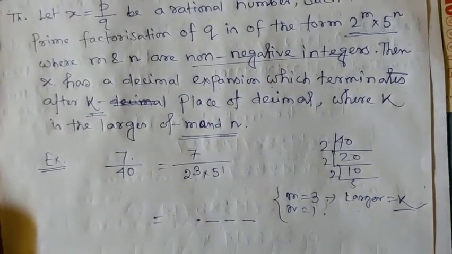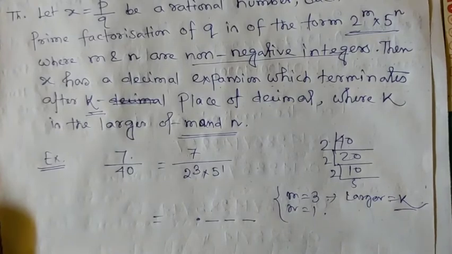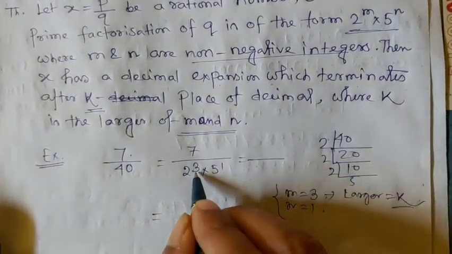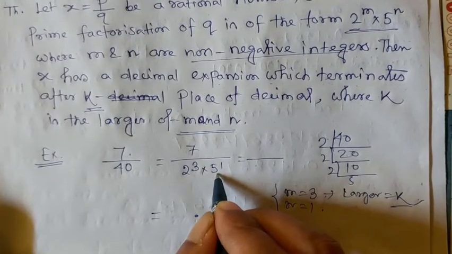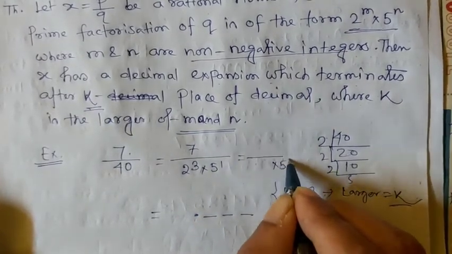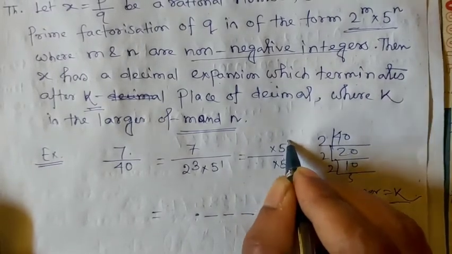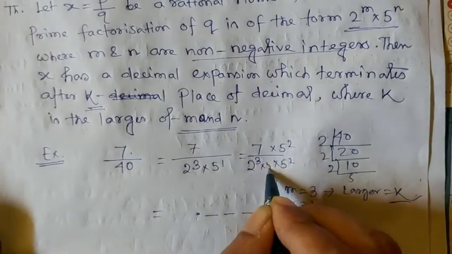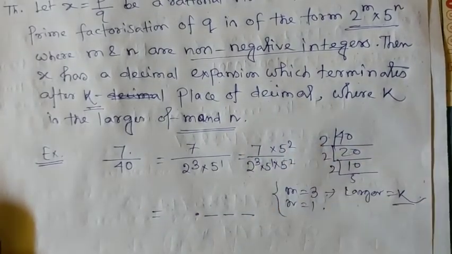Okay. So if you consider this division, or without using division, this is 7 by 2 cube. That means we have to write here 5 cube. 5 is multiplied by 5 square. We have to multiply by 5 square in the numerator and denominator. Then this is 2 cube into 5 to the power 1. So this 5 square cancelled.